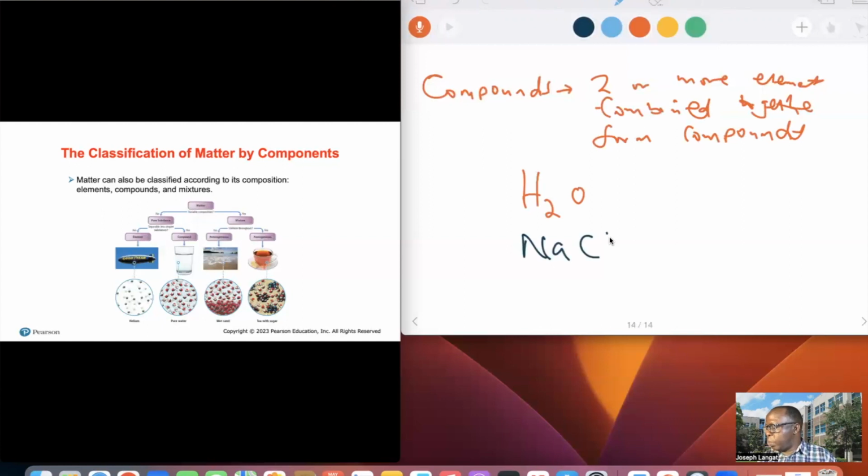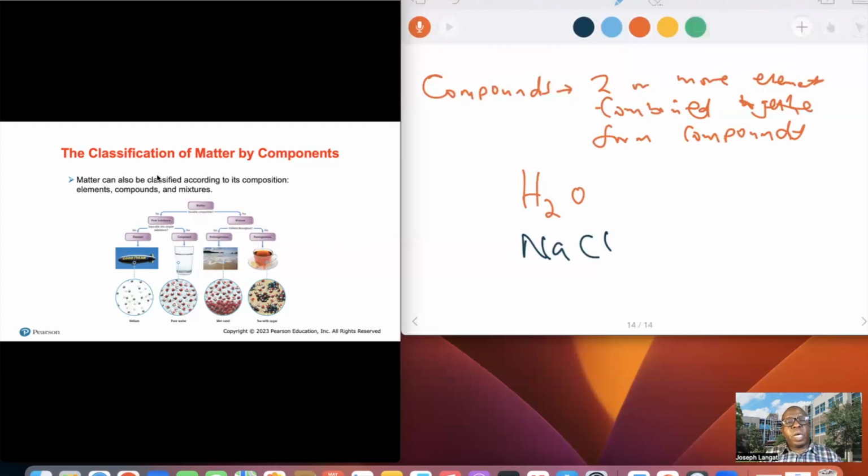NaCl. This is a compound. You can only separate compounds into pure elements by chemical means, e.g. electrolysis of H2O will give us pure hydrogen and oxygen. It is only by chemical means that you can separate compounds into pure elements.